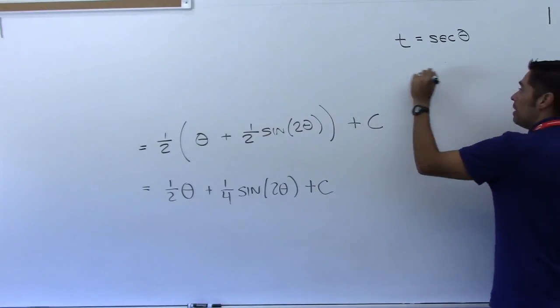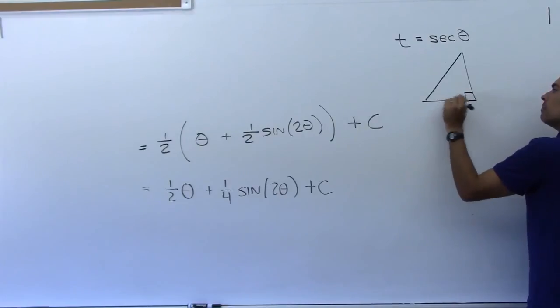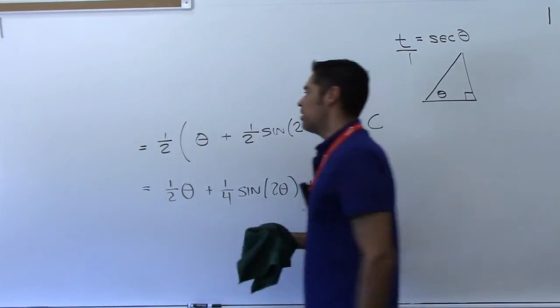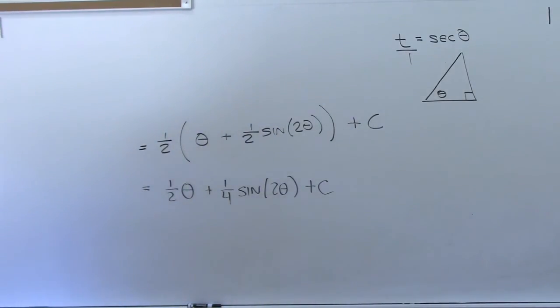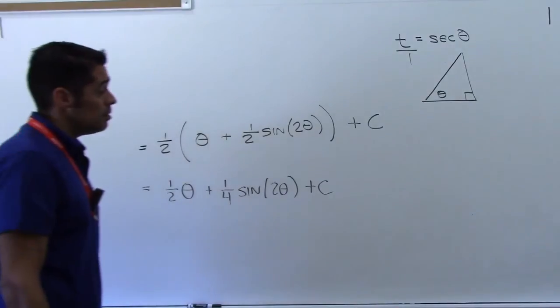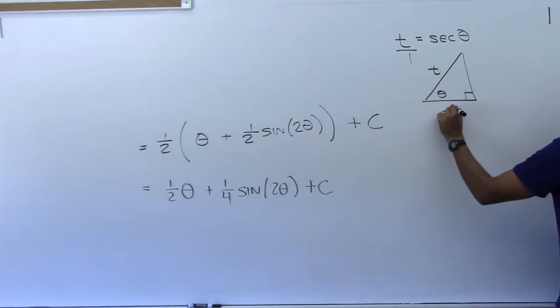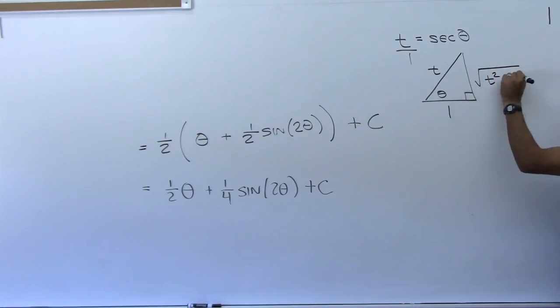And that means that I can draw it right now, can't I? Remember, t is like t over 1. Create your fraction that way because you don't have a number to divide through by. Secant's the reciprocal of cosine. So hypotenuse is t. Adjacent's 1. Opposite is square root t squared minus 1.